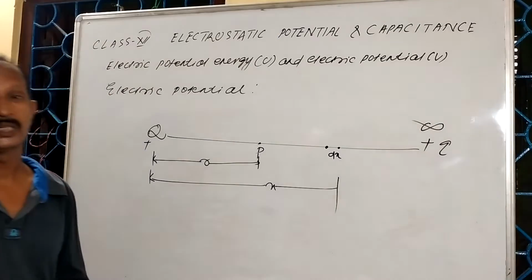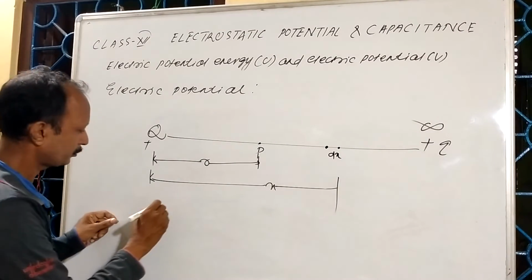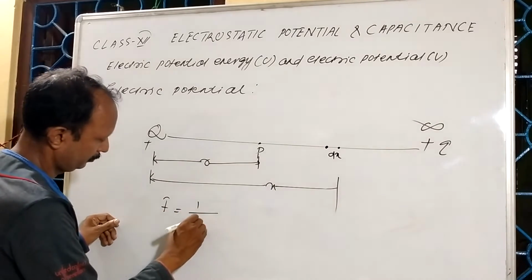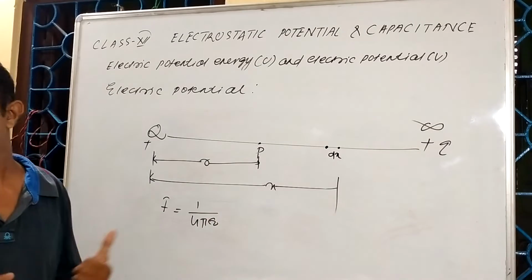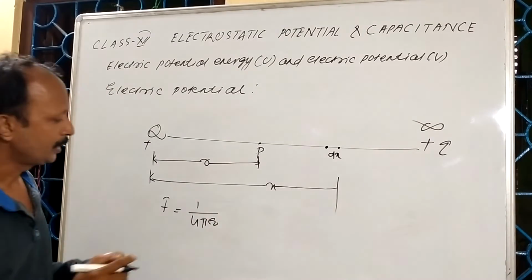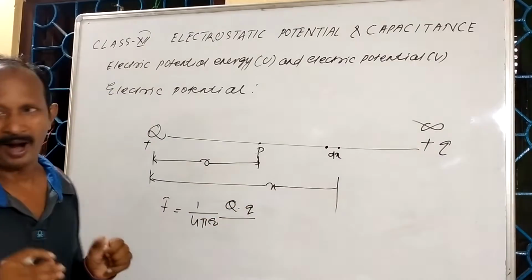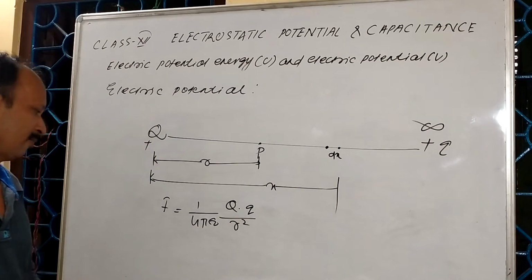In this case, the force will be equal to 1 upon 4 pi epsilon naught, Q into q divided by R square.